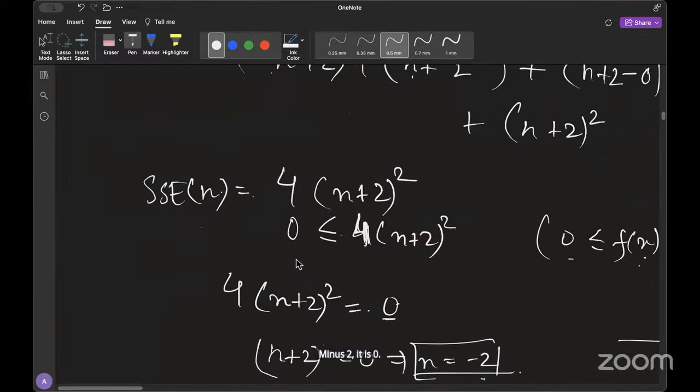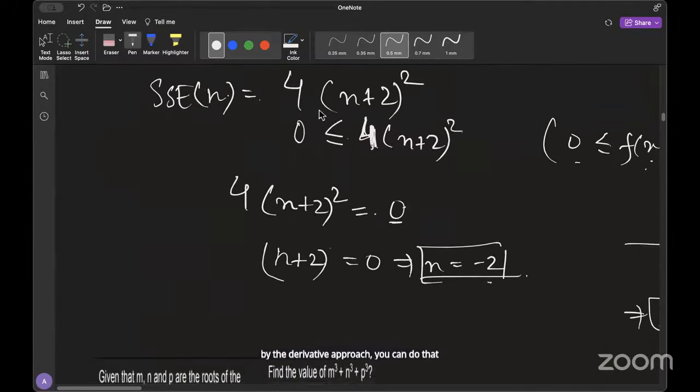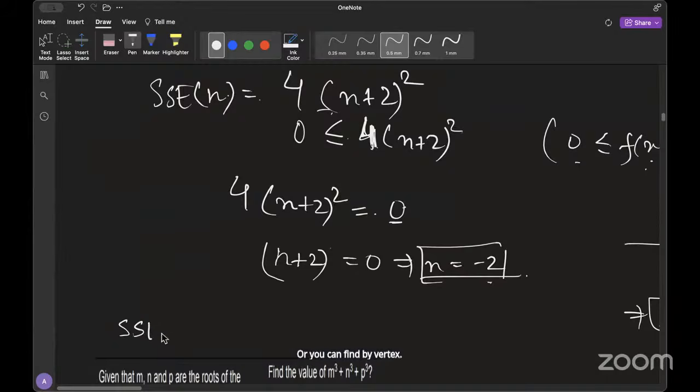And if you want to do it by the derivative approach, you can do that too. You can find the derivative of this function and then equate it to 0. Or can you find it by the vertex of the quadratic? Yeah, you can do that too. There are a lot of ways to do things. So by derivative, you'll have 8 times n plus 2.